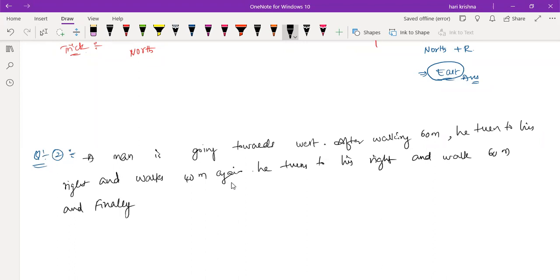And finally, he turns to his left and walks 10 meters. Now, in which direction is he facing? What is the answer?